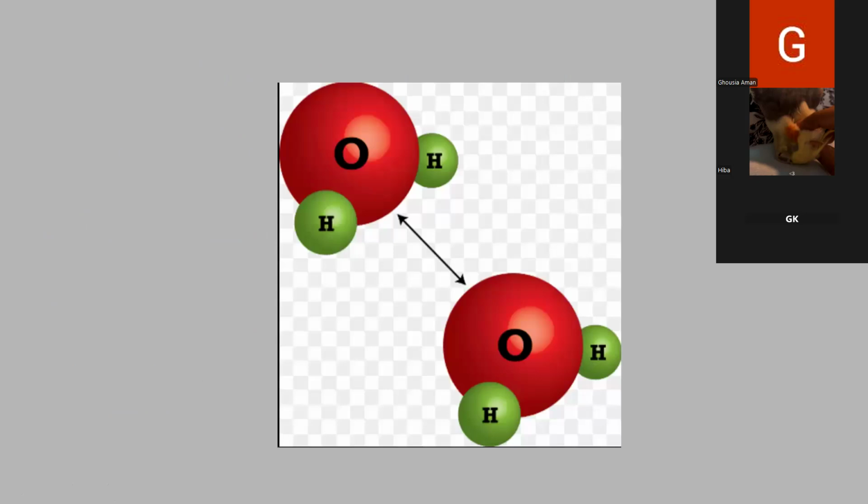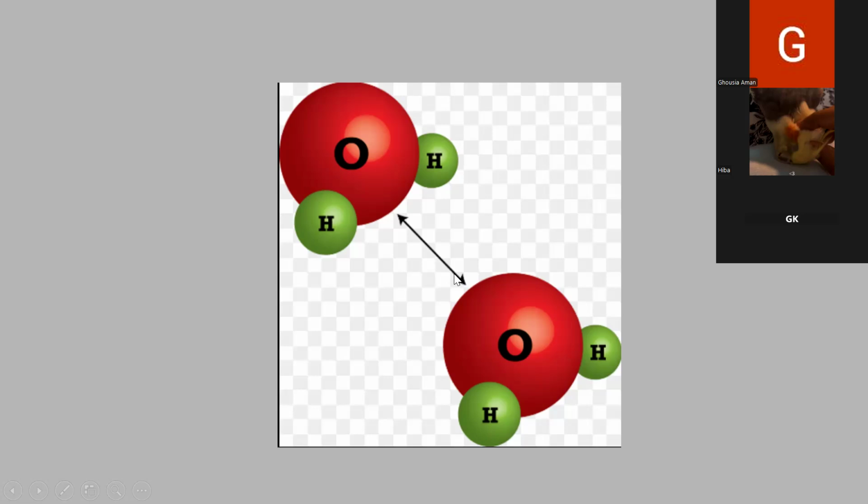Now look at this picture. In this picture, you can see in between the two water molecules, there is a very weak force of attraction. This force of attraction is so weak that it cannot bring the two water molecules close enough. So there are gaps between them.